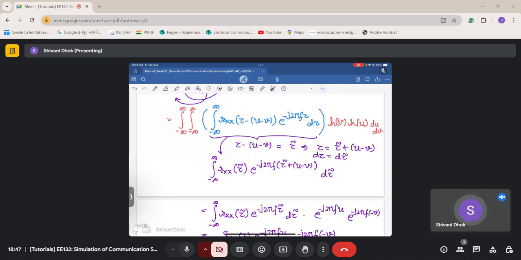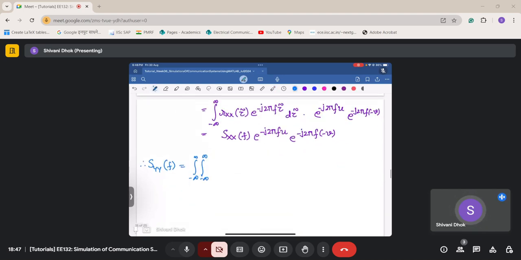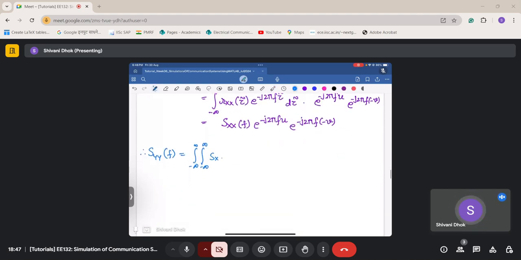Then this blue thing here inside the bracket can be entirely replaced by whatever we just derived, that is Sxx of f into e power minus j 2 pi f u into e power minus j 2 pi f v. And then we have h of u into h of v du dv.